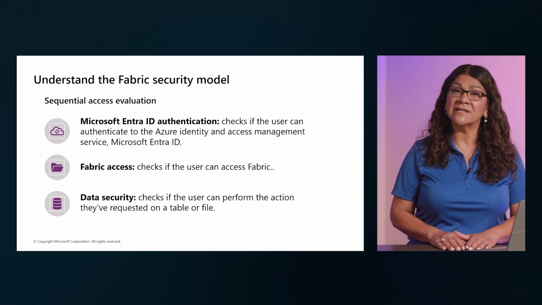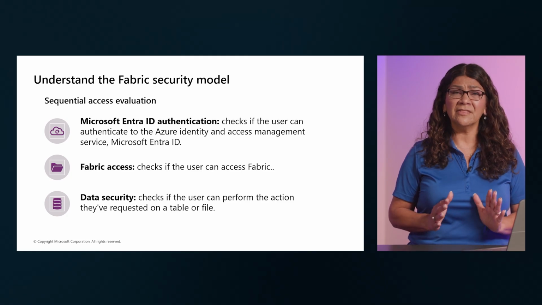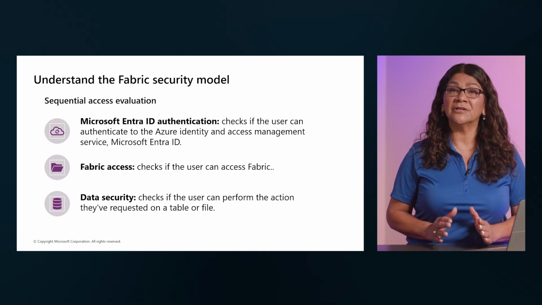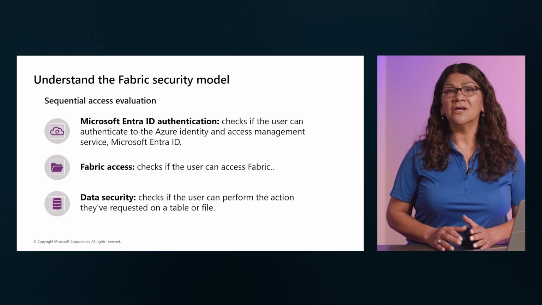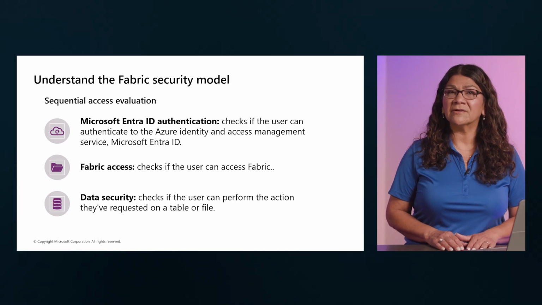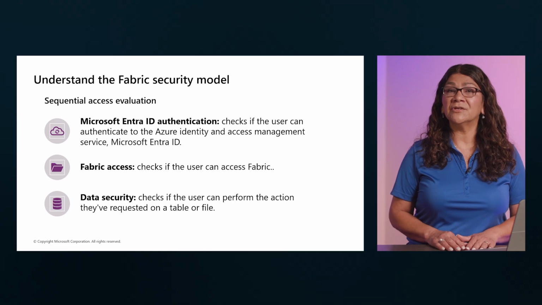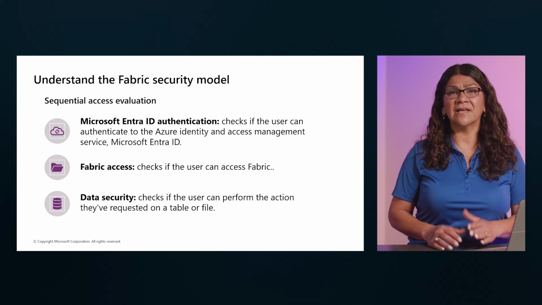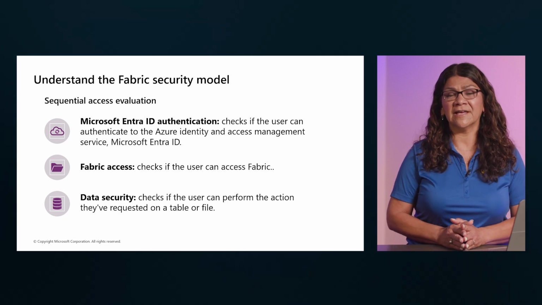Fabric has 3 security levels, and they're evaluated sequentially to determine whether a user has data access. The order of evaluation for access is first Microsoft Entra ID authentication, which checks if the user can authenticate to the Azure Identity and Access Management Service, using Microsoft Entra ID.